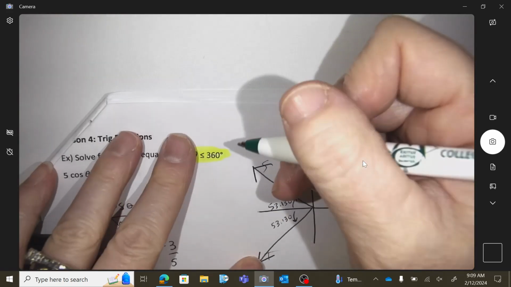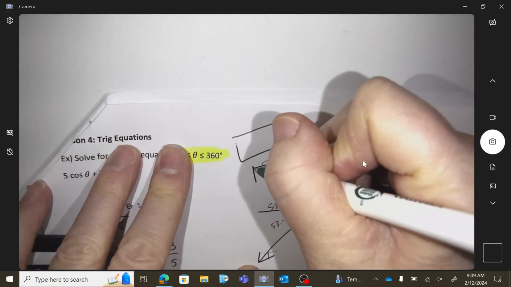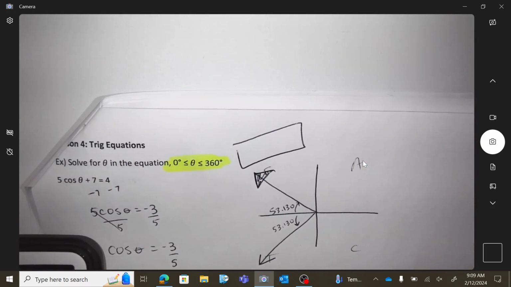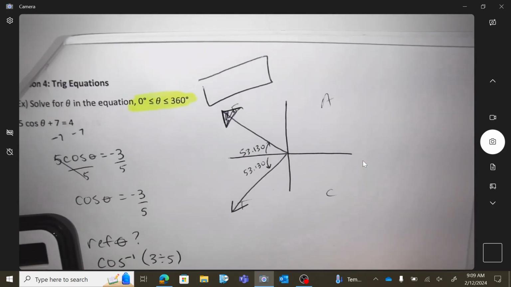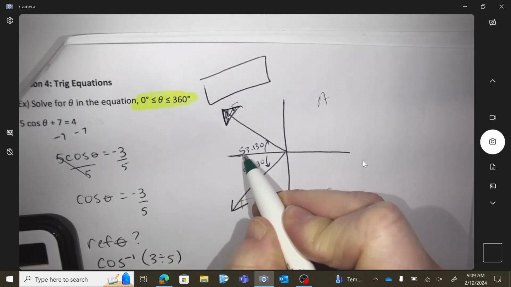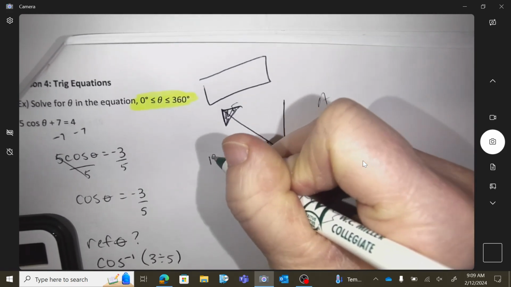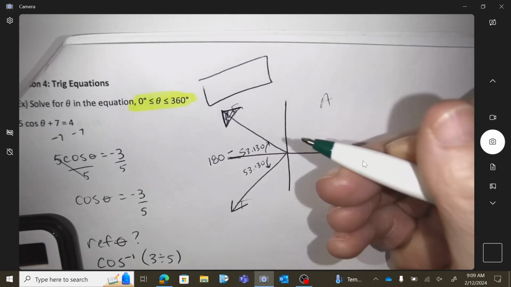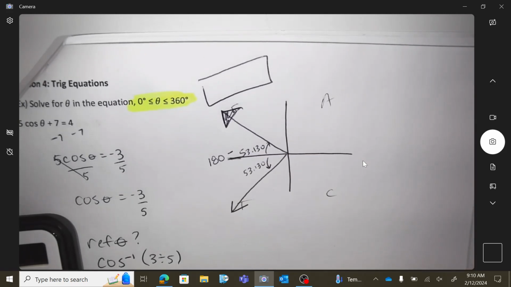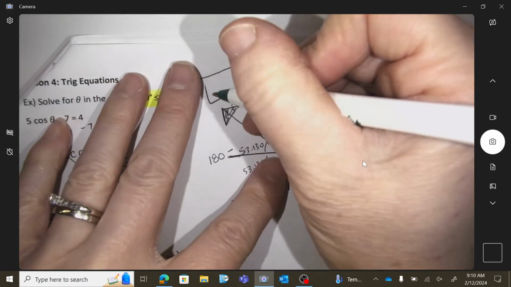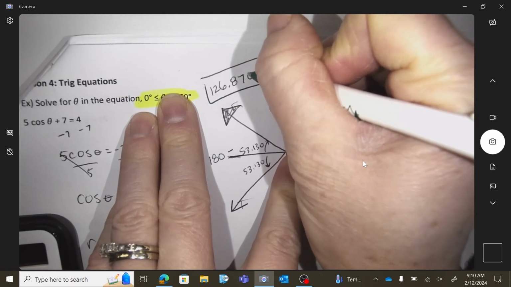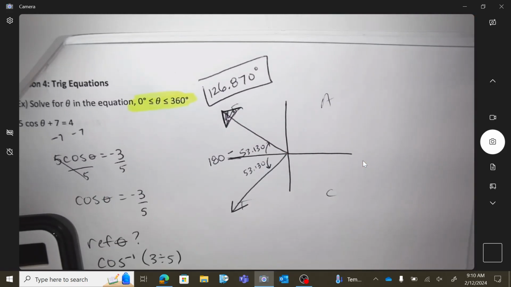Okay, so now what is this angle at? How do I get that? So what is this line right here? 180, and you're less than 180. Don't forget, in this course you have to accurately round to 3 decimal places or you're getting deductions.